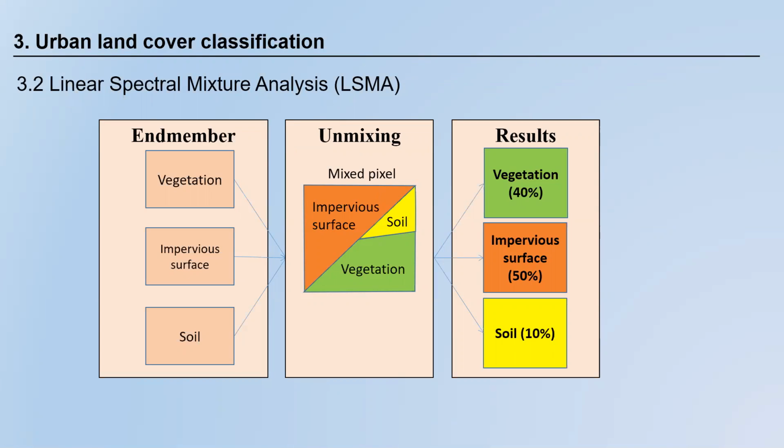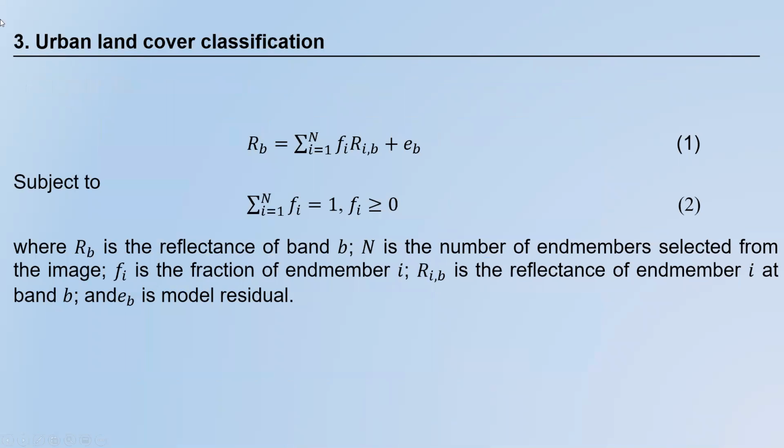If you say there is, I assume that the total reflectance of a pixel is a nonlinear combination of the 3 land cover types. Then your equation here should also be nonlinear, but it will be more complex.